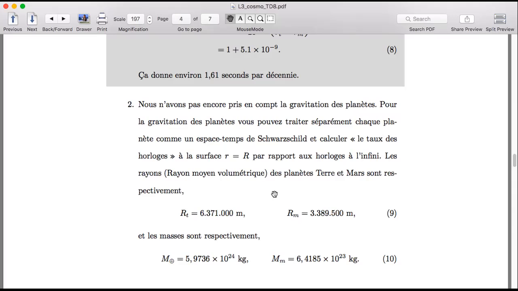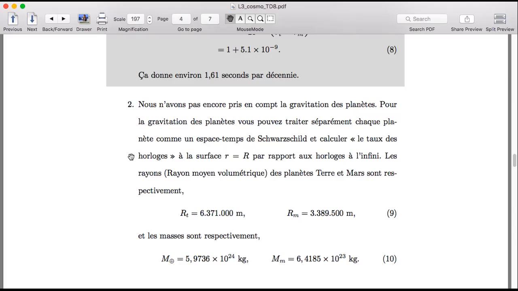Clocks don't slow down in the sense that they just measure time, right? They measure how much time is there, and the clocks that we are considering here are ideal in the sense that they don't slow down or speed up. They just measure the time correctly.